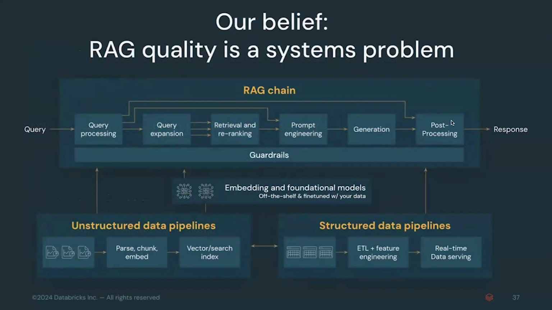And it's how you compose your RAG chain, everything from how you understand the user's query to how you do retrieval and re-ranking, how you prompt the model, how you post-process it, and what guardrails do you have in place. This is, again, a simplified diagram. There's a lot more complexity under the hood, but this is how we're thinking about the RAG quality problem here at Databricks.